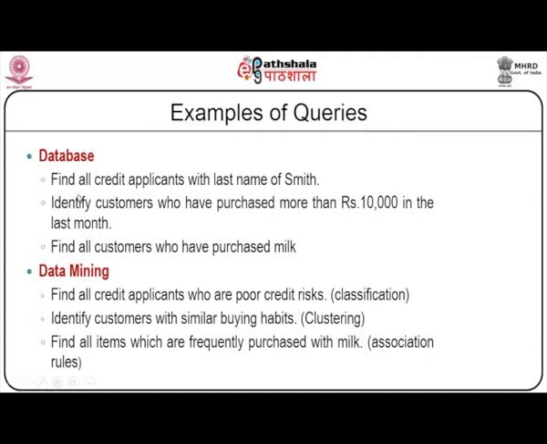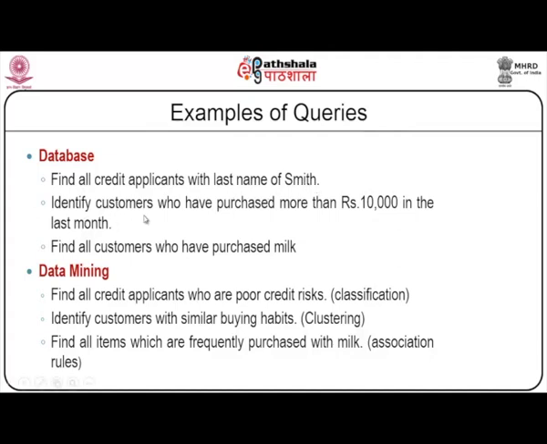With respect to a database management system, we will present queries such as: find all credit applicants with the last name of Smith. So I am trying to fetch all the values with the last name Smith who are credit card applicants. It checks the condition that the last name should be Smith and he should be a credit card holder.